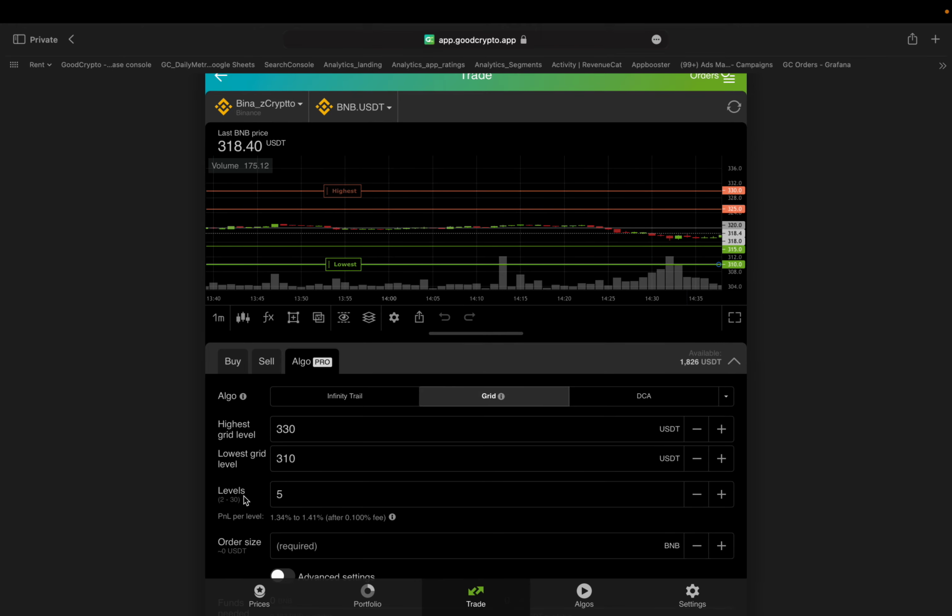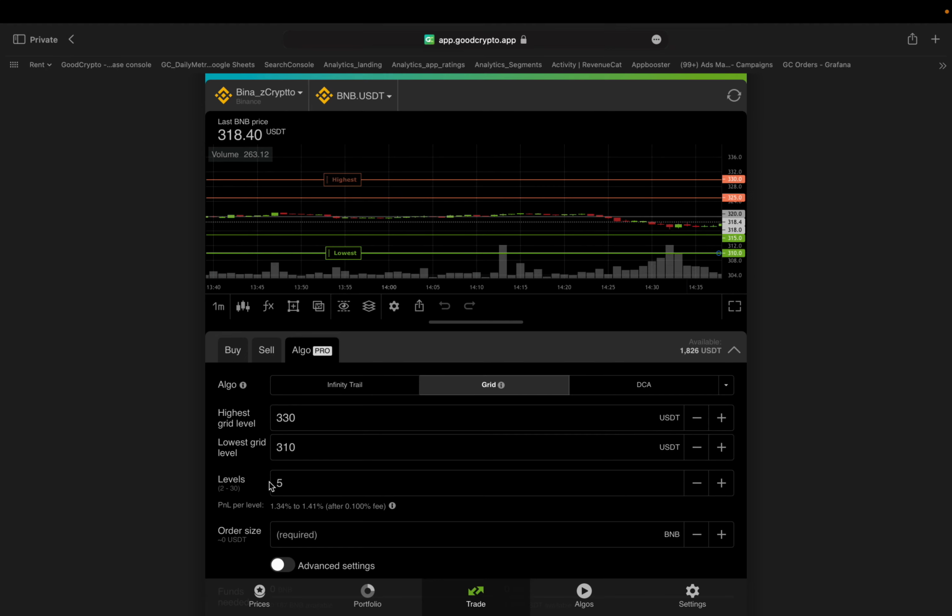So, having chosen the highest and lowest grid level, we have to choose the number of levels we're going to run the grid on. If the logic behind the highest and lowest grid level is to maximize the time the market price spends inside the grid range, then the decision on how many levels to have inside the grid leads to the decision of how often the grid will trade.